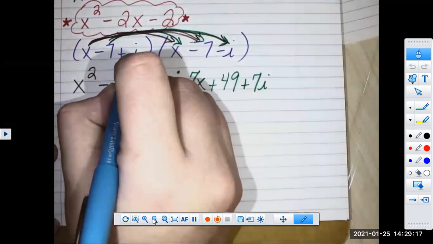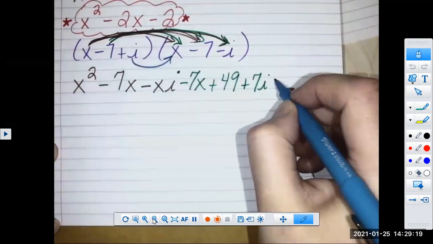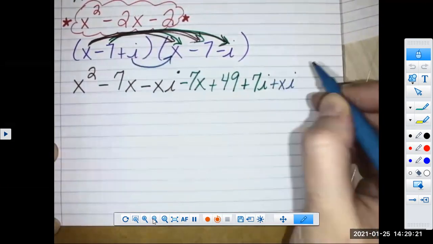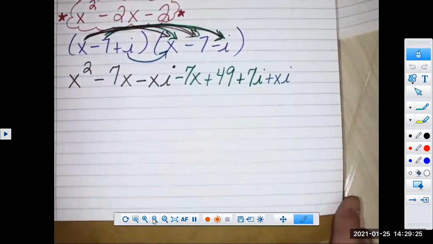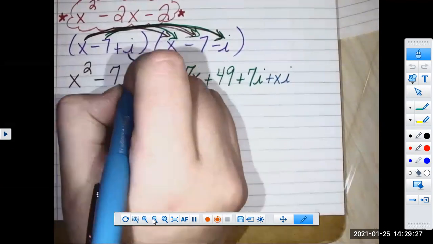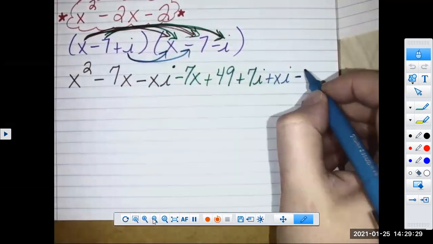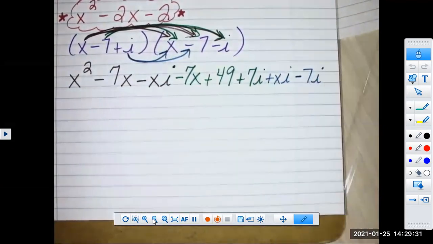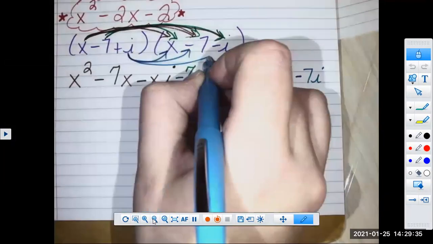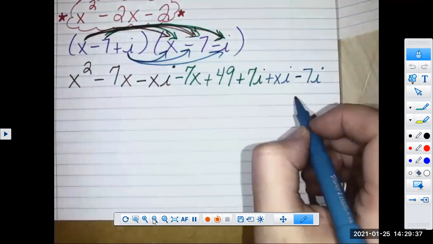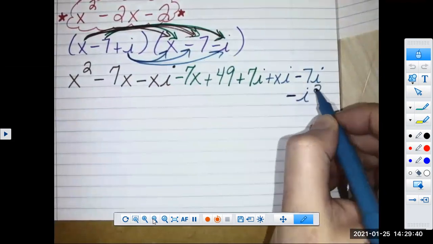Okay, last thing, multiply i to x. Multiply i to -7, and then multiply i to negative i, so that's going to give you a negative i squared at the end.